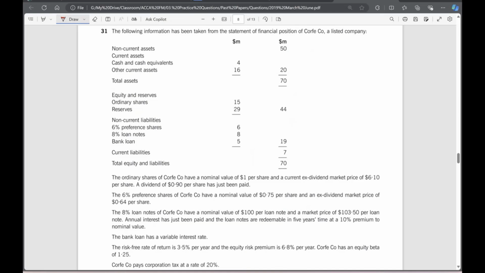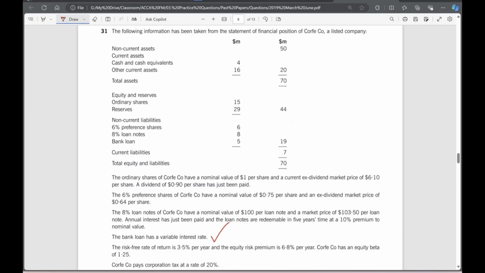Look, one thing I think I missed to explain, we discussed about variable and fixed rate bond, right? Remember, any kind of security, debt, which is variable, then its cost of debt is equal to the market rate of return. Look here, he gave us bank loan, and for the bank loan it carries a variable interest rate.